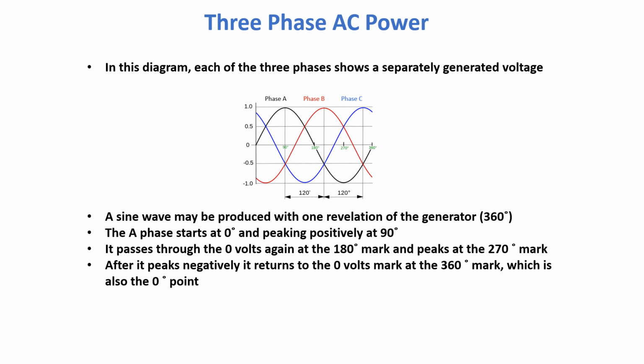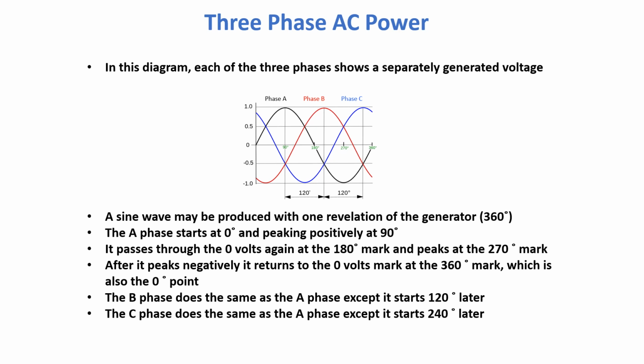After it peaks negatively, it returns to 0 volts at the 360 degree mark, which is also the 0 degree point. The B phase does the same as the A phase, except it starts 120 degrees later. The C phase does the same as the A phase, except it starts 240 degrees later.